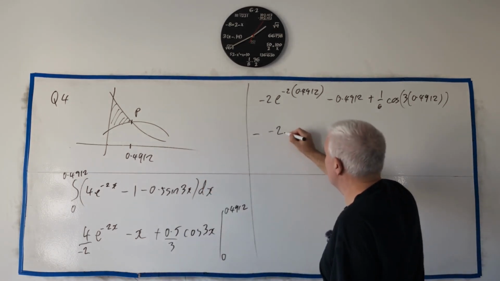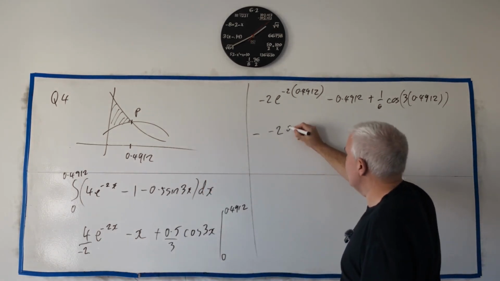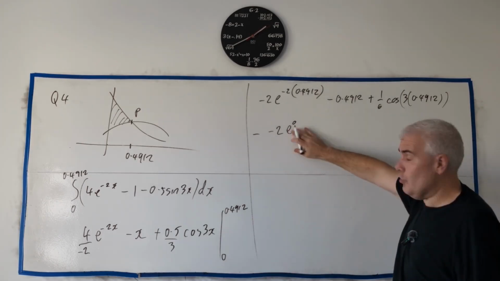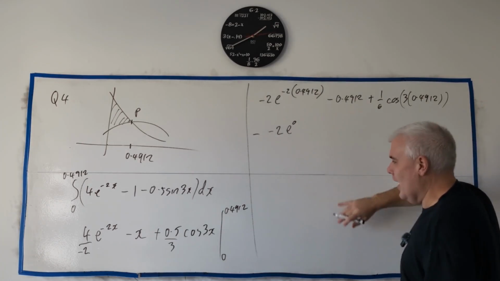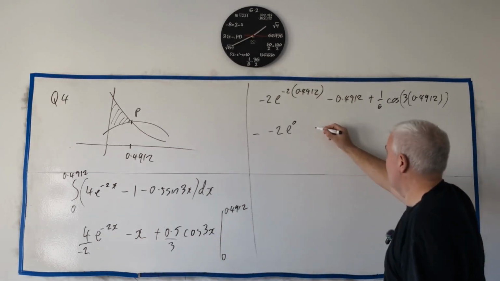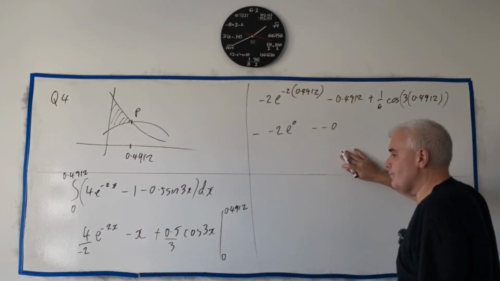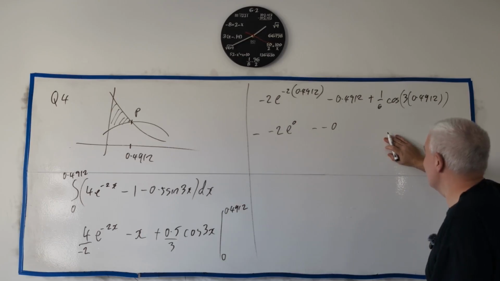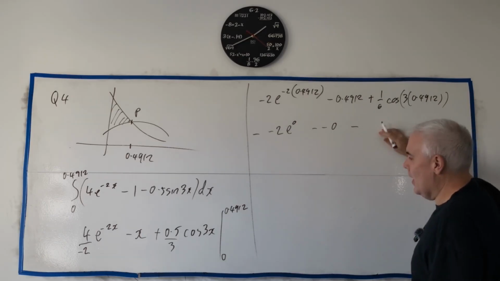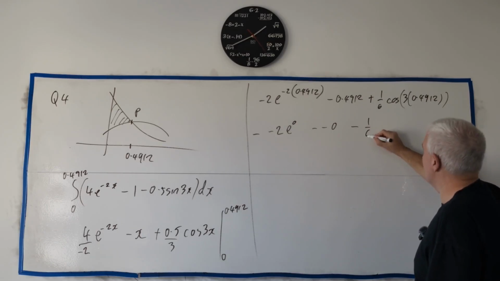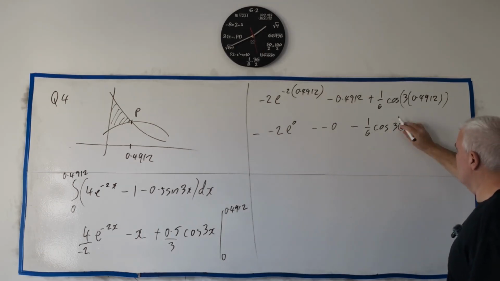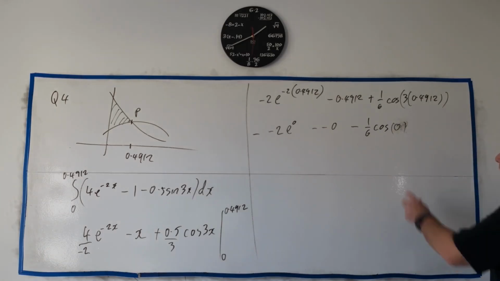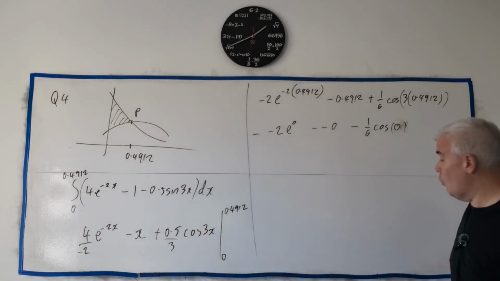We get minus 2 e to the power 0, which is just 1. So minus cancel, get a 2. Anyway, put 0 in here, we get minus 0. Again, just 0. And then we get minus 1 over 6 cosine 3 times 0, or well, just 0 we'll write in. Cosine of 0 is 1.